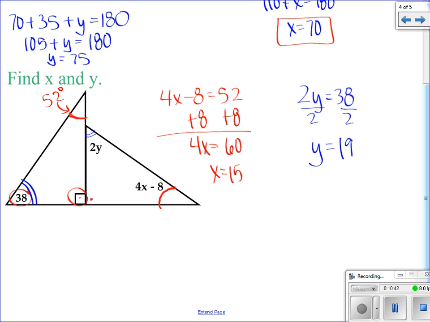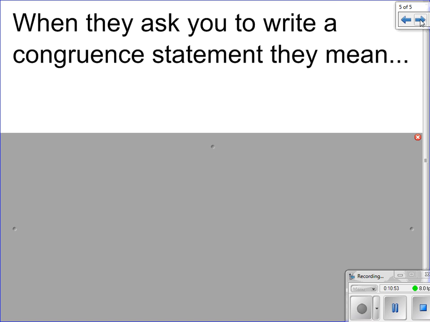A couple of things to mention about the homework on the last slide. Whenever they ask you to write a congruence statement, what they mean is to name the two objects in the correct order. So the first object you can name in any fashion you want to, as long as it's going in a circular fashion. You can name the first one any way you want.